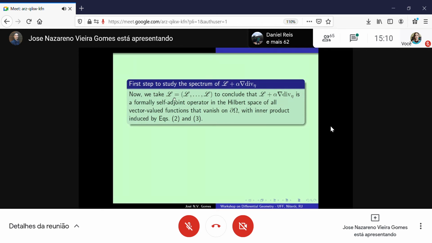Now we take L to be this vector valued function to conclude that our operator is a formally self-adjoint operator in the Hilbert space of all vector valued functions that vanish on the boundary, with inner products induced by equations 2 and 3.